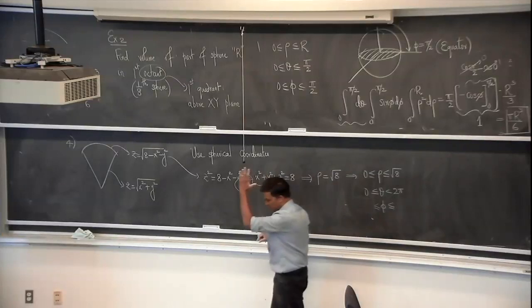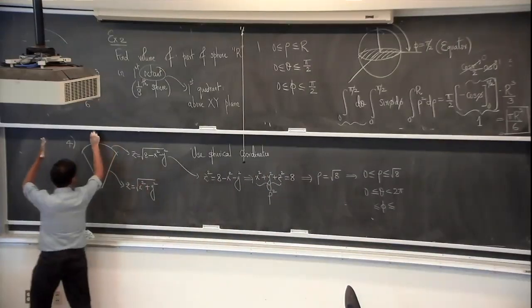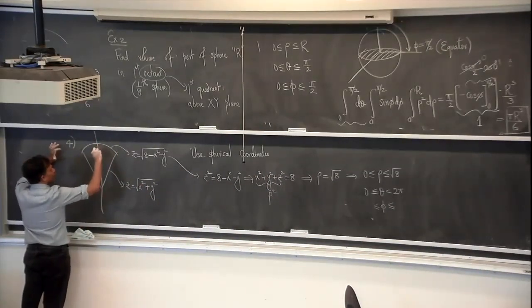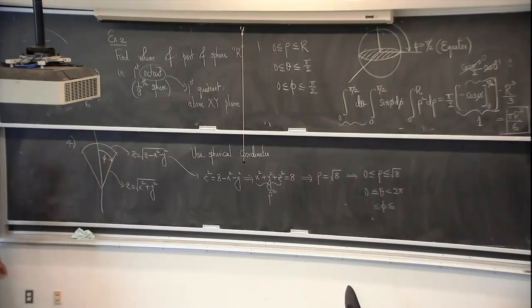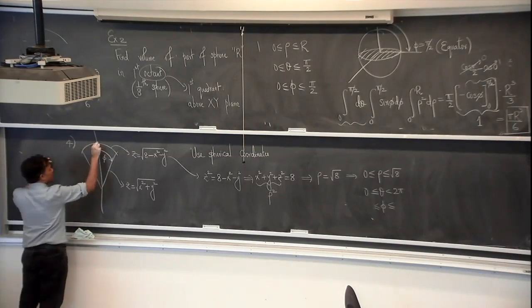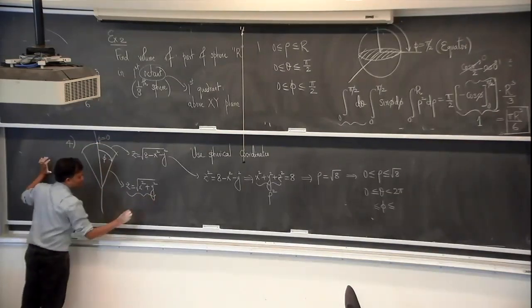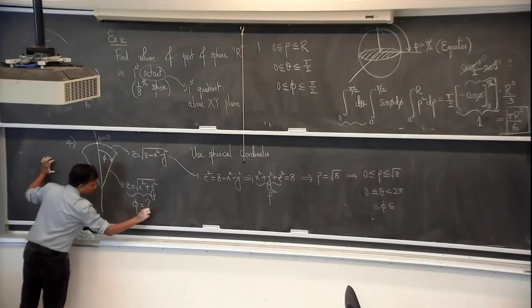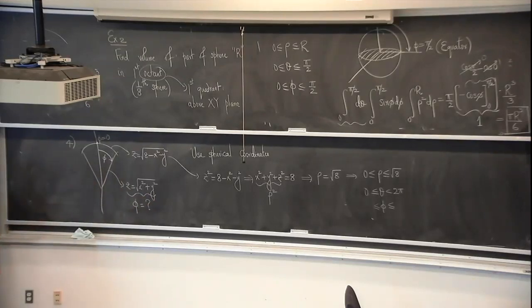Don't forget, phi starts from the North Pole. So this is your phi. As usual, it starts from phi equal to 0 to phi equal to something. This is probably the only tricky part of spherical coordinates.